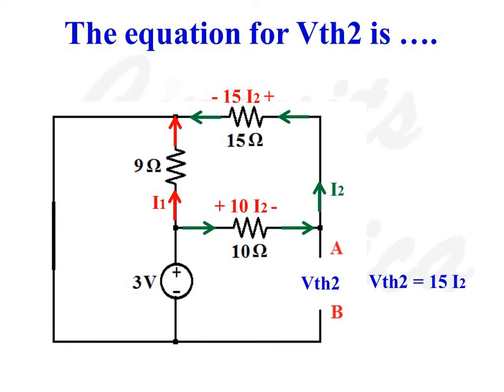If we inspect the circuit carefully, VTH2 is the voltage drop across 15 ohms resistance, as 15 ohms resistance is connected between node A and node B. So VTH2 is equal to 15 I2.